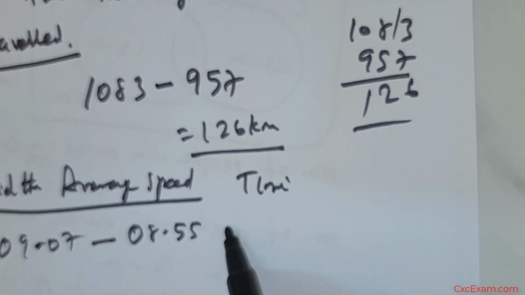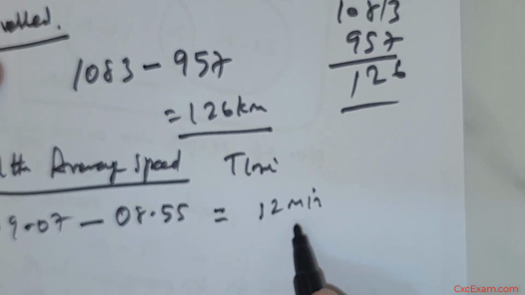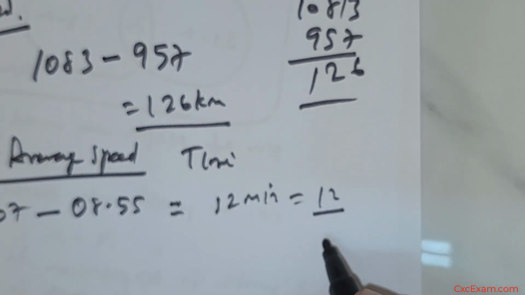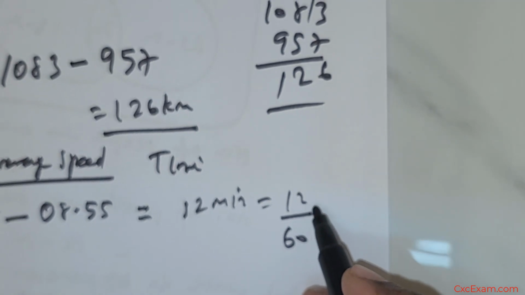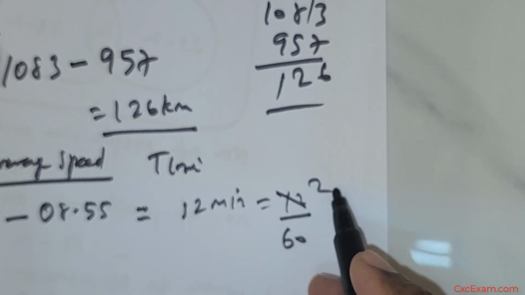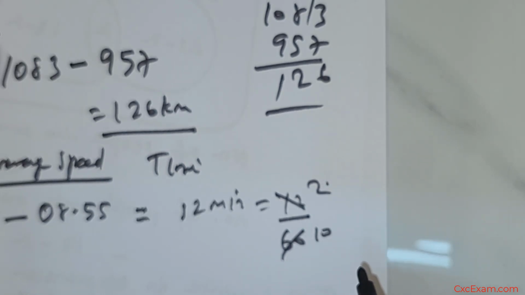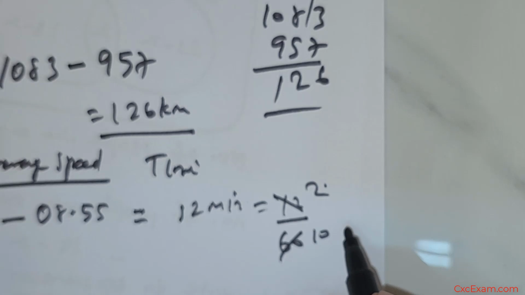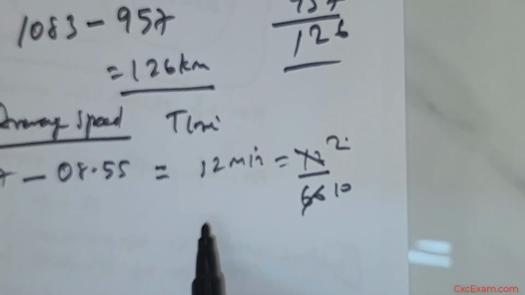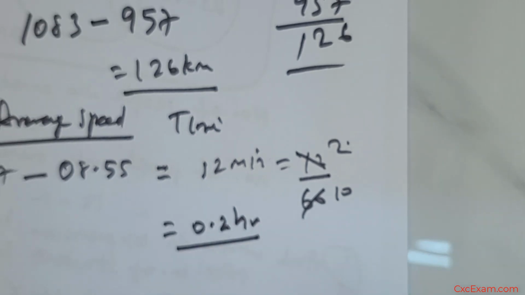You subtract these two, you get 12 minutes. Now this 12 minutes you convert into hours, you divide by 60. 6 2s are 12, 6 10s are 60, and this is going to be 0.2 hours, right?